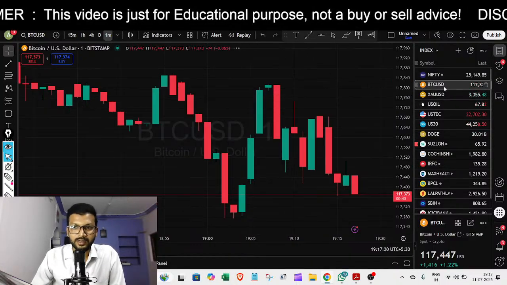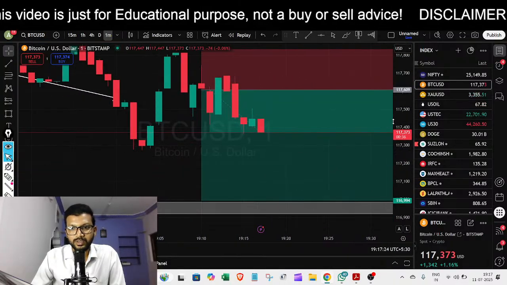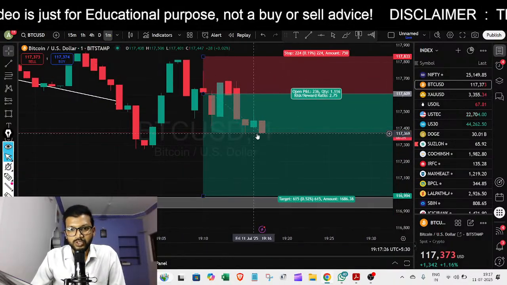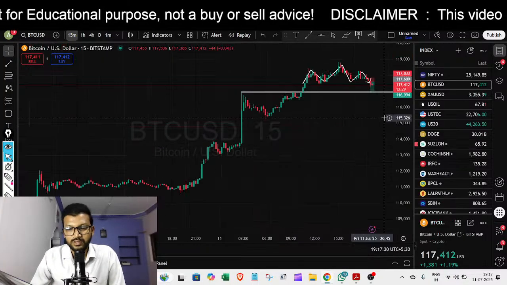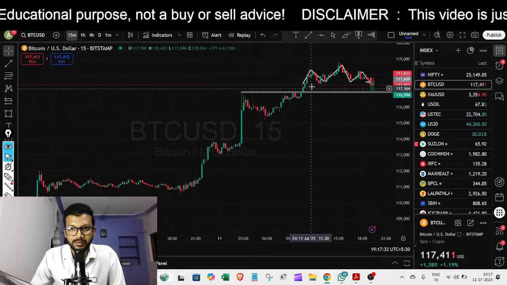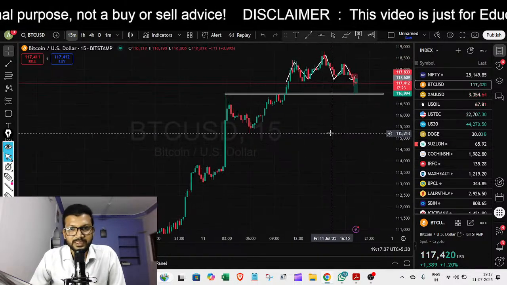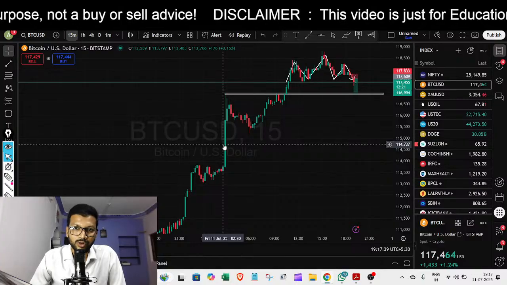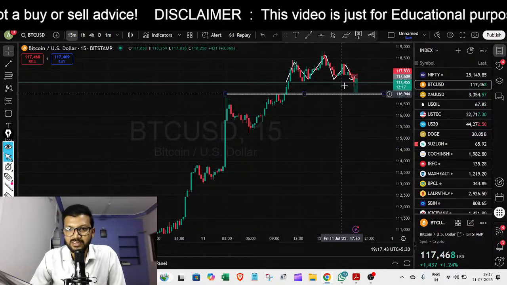In the second trade we have taken a BTC trade where the market has started moving in our direction. The logic behind this trade is that there was already a bullish momentum in BTC, so it is overbought and it must take a slight retracement.